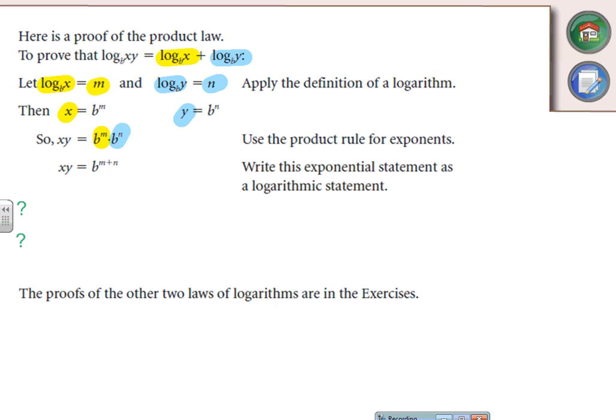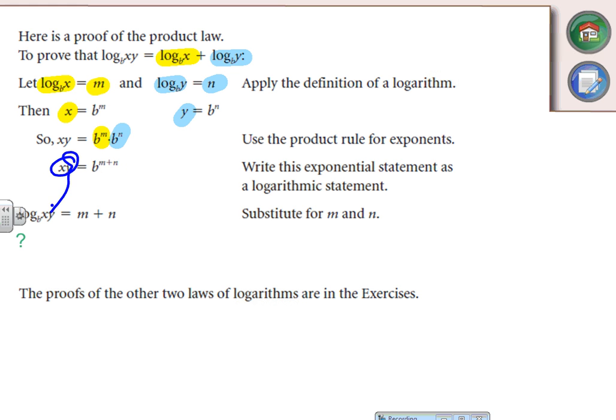And let's take it back into a logarithmic statement. So we've got it in exponential form here. Let's go back into a log statement, which means the base stays as the base. Log base b of xy, and the m plus n have to switch sides.